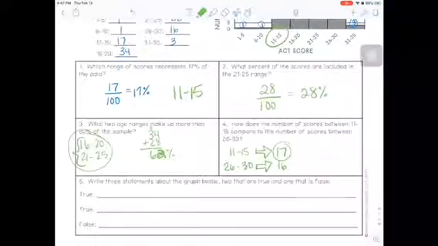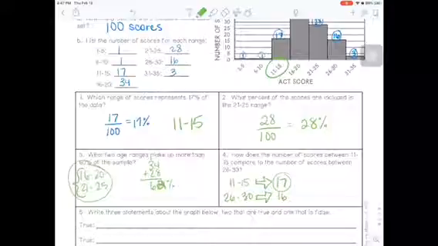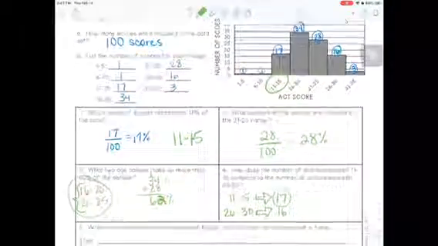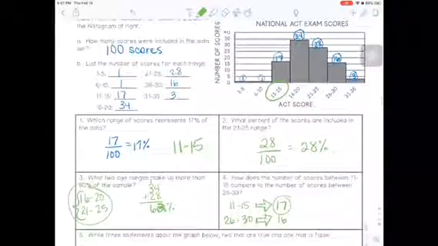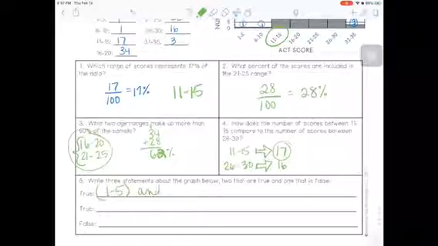Number 5, write 3 statements about the graph below, 2 that are true and 1 that is false. Now you can't use mine, but here's an example. One that is true: the interval 1 to 5 and 6 to 10 scores are the same.